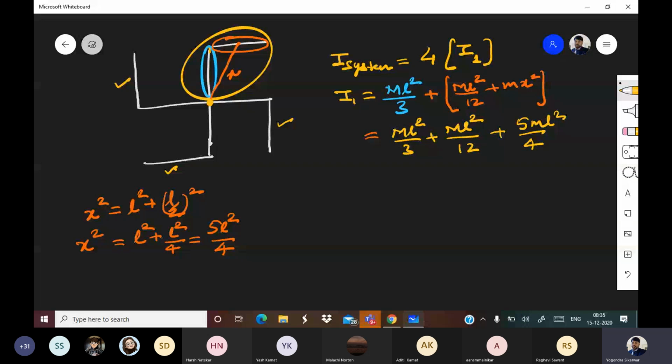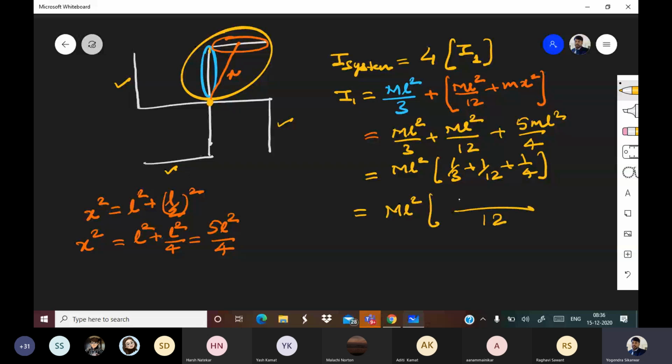Okay. Any doubt, any question, anyone? So that is ml square in the bracket 1 by 3 plus 1 by 12 plus 1 by 4. Taking LCM 12, this will be 4 times, this will be 1 time, and this will be 3 times.